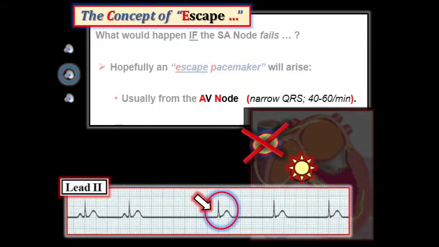Pearl. Although the QRS complex of a junctional escape rhythm is narrow and generally looks very much like the QRS complex of normal sinus beats, at times there may be slight differences in QRS morphology that suggest its origin from outside the sinus node. These differences may be subtle, such as the tiny S wave seen here for the junctional escape beats within the red oval, compared to the normal sinus beats that do not have any small S wave within the blue ovals.